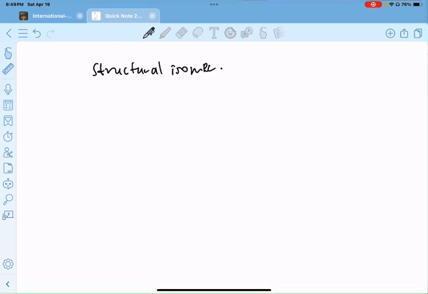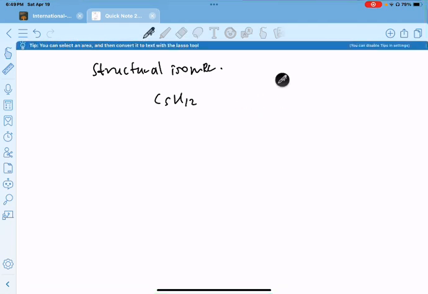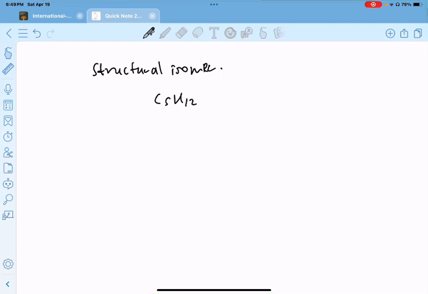Let's look at an example, okay? C5H12, okay? This is pentane. It has the general formula CnH2n plus 2, but anyways, we're not supposed to look at that right now. Let's draw C5H12. 5 carbons, and these are all the hydrogens, okay?